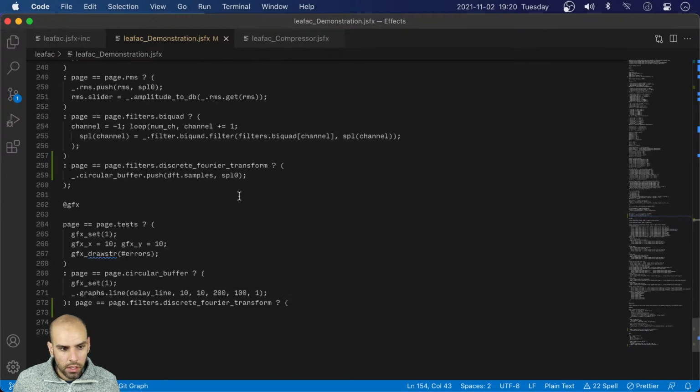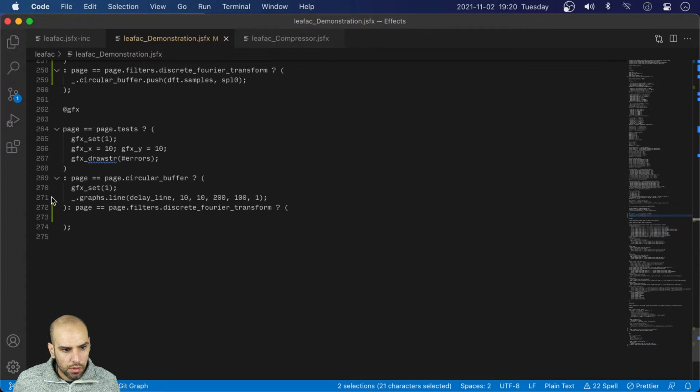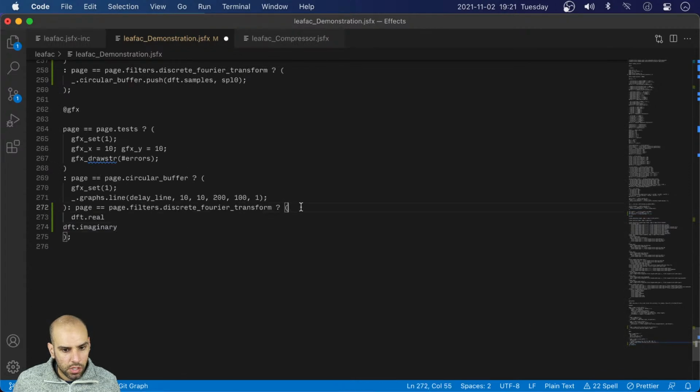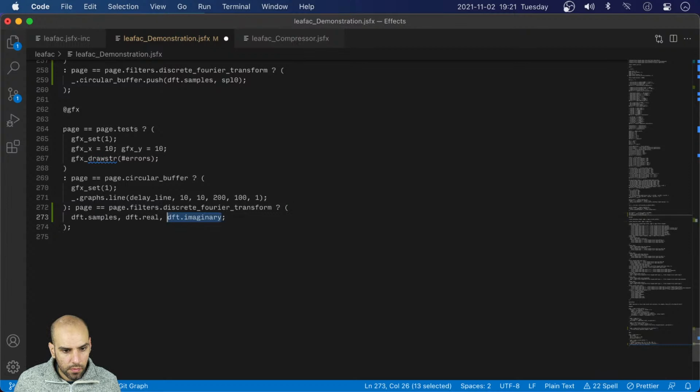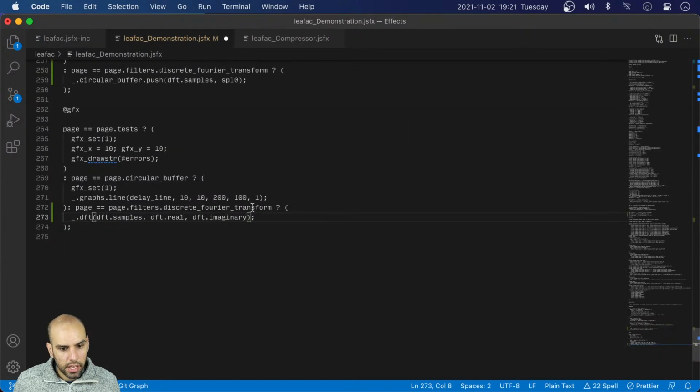Definitely not today. Right, so I have my real and imaginary parts to pass along. Let me grab those and put them here, and DFT samples as well. And then let's just compute the DFT, just like that. So now the real and imaginary parts have been updated. Oh, but I'm doing this to actual samples, right?